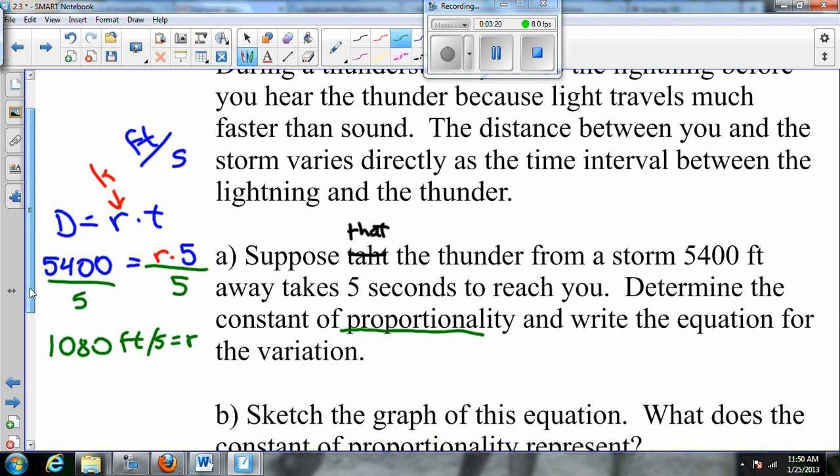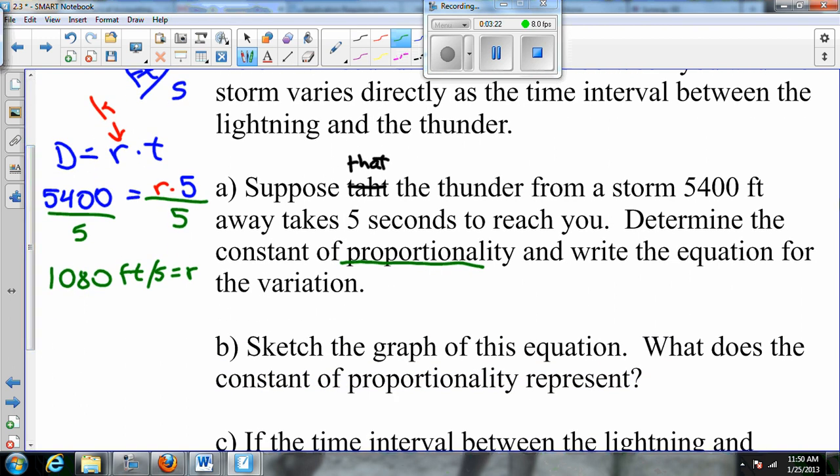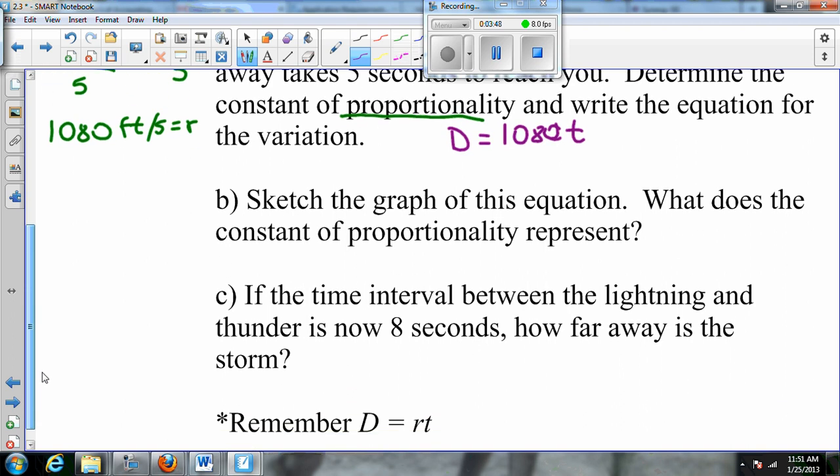So writing the equation for the variation, we now use a general d that we can plug in any distance to find the time, and d equals 1,080 t. Okay, part B asks to sketch the graph of this equation.